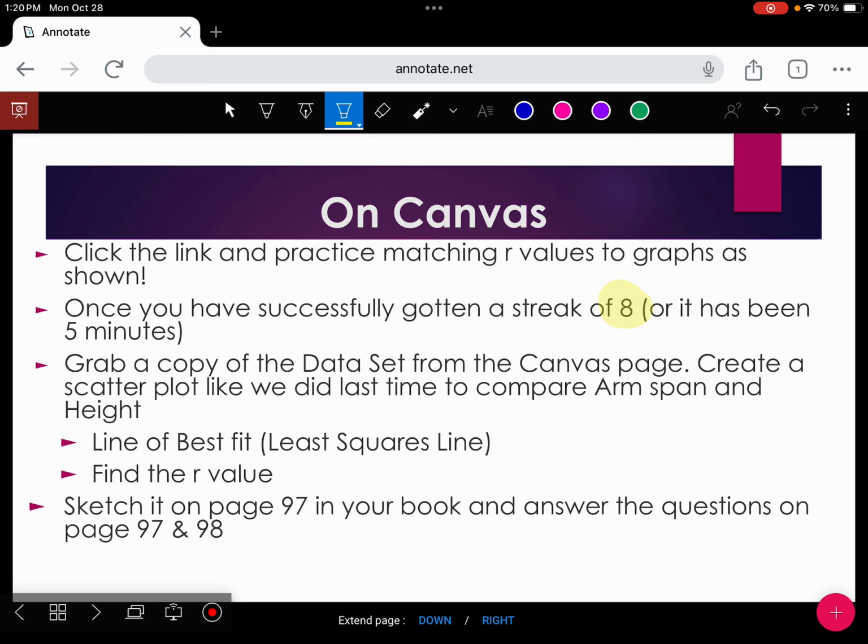We're going to talk through it in just a minute. I'm going to let everybody get a chance to do that. When you've gotten your 8, go and grab the data set from the Canvas page. We're going to do arm span versus height. Arm span and height is what we're looking for.